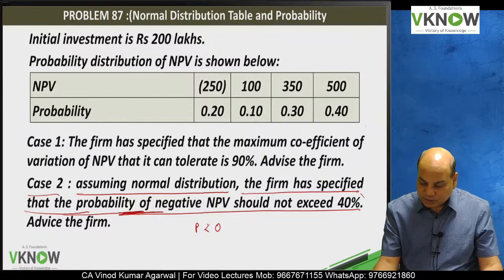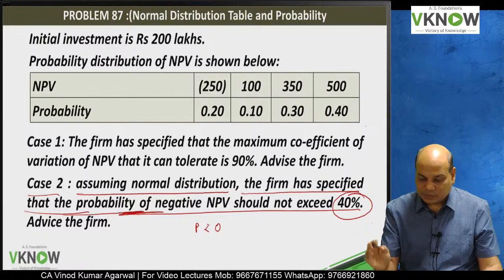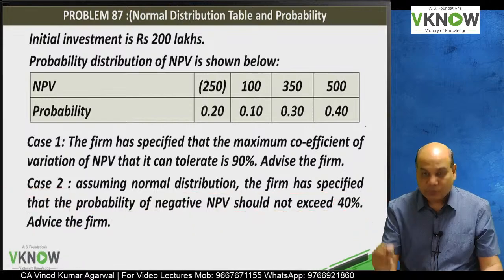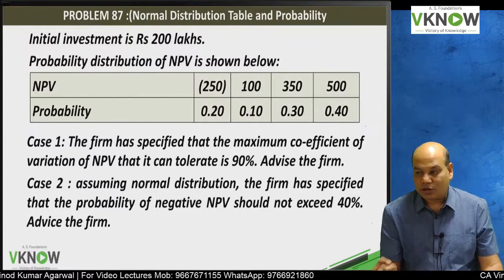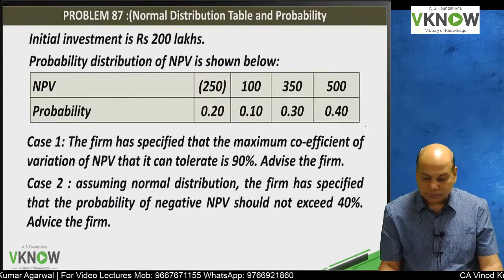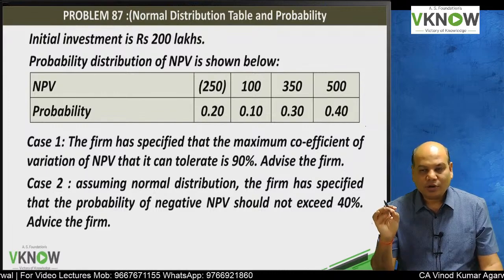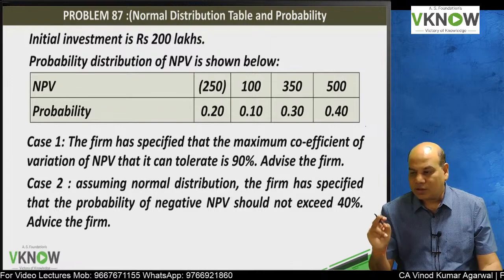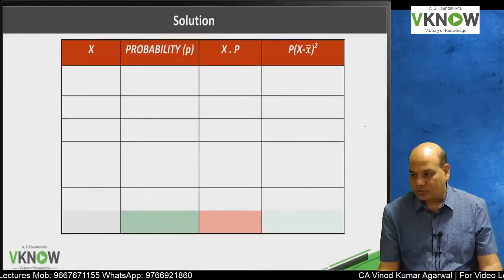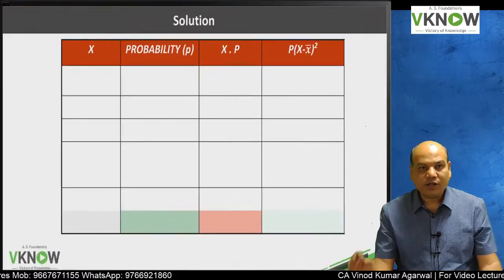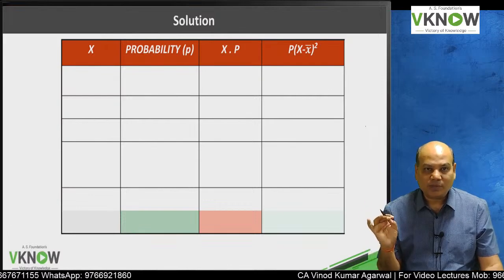And if the probability is less than 40%, I will accept the project. But if the probability of negative NPV is more than 40%, then I will not accept the project. So this question requires you to decide on the basis of case 1, coefficient of variation, case 2, normal distribution. So first I need to find out expected NPV and standard deviation of NPV.